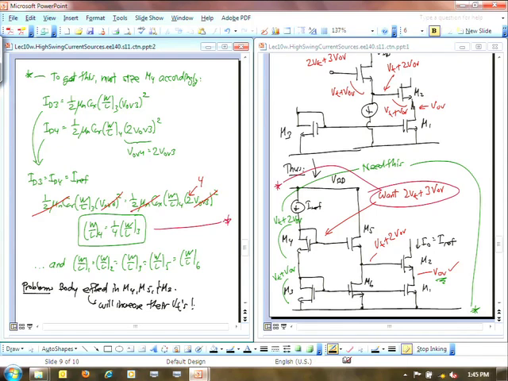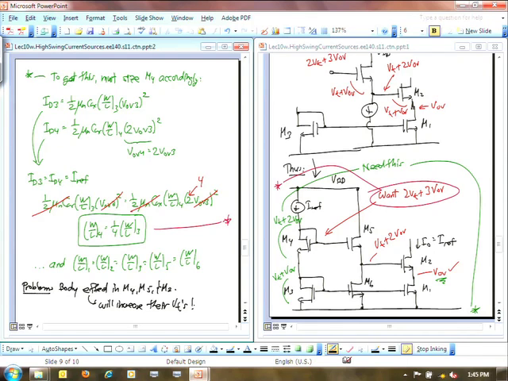That means I'm going to get a level shift across M5, which says the voltage at the source of M5 is going to be VT3 plus VT4 plus 3 overdrive voltages, minus now VT5 plus an overdrive voltage.